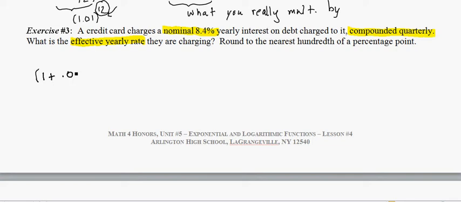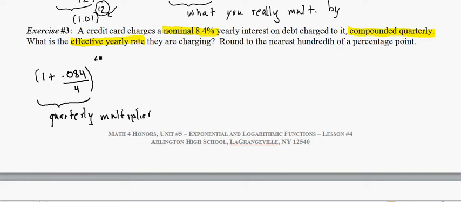What we've been told is that we're getting 8.4%, but we're compounding it quarterly. So I don't get the 0.084 each quarter. That is my nominal yearly, that's what the bank tells me. So I'm going to have 1 plus my quarterly, divided by 4, because that's all I'm going to get each quarter. So this is literally my quarterly multiplier.